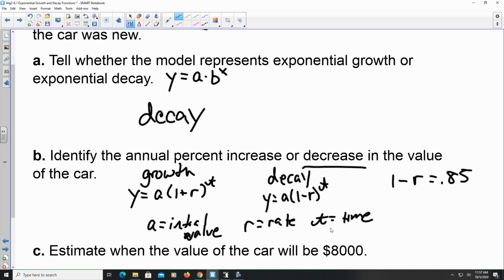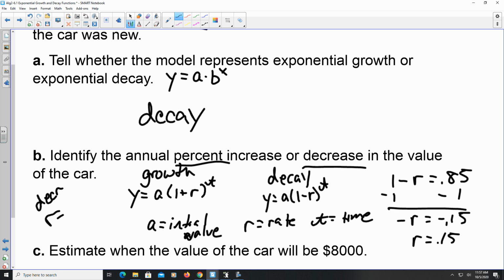So we can solve for r by subtracting 1: 0.85 minus 1 gives negative r equals negative 0.15. Divide everything by negative 1, and r equals 0.15. So 0.15 is my rate, and they're wanting it as a percentage, so my rate is going to be a decrease of 15%.